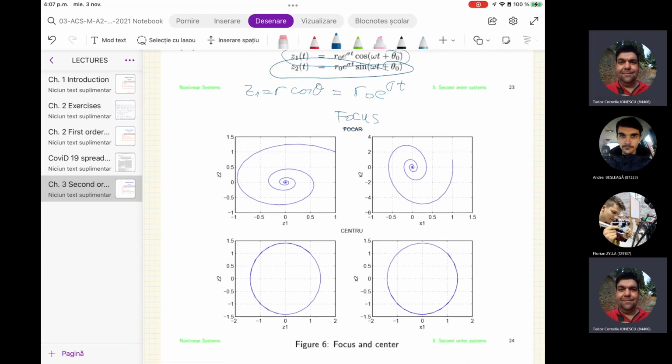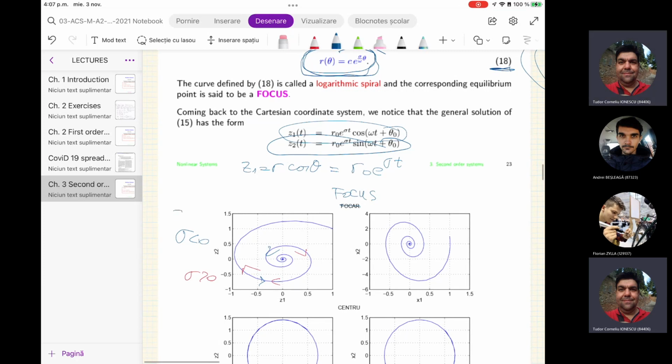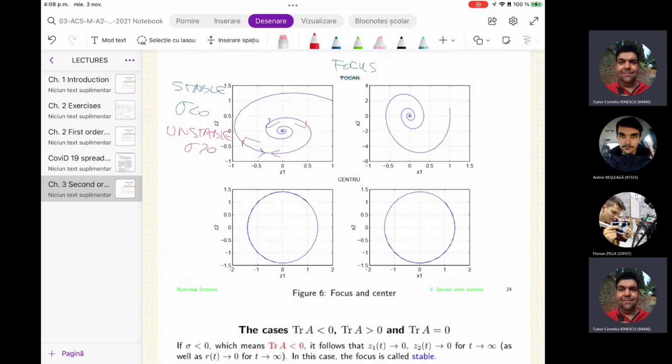So z1 and z2 are like this. Now, if sigma is negative, then the spiral goes like this. But if sigma is positive, it's the other way around. So stable and unstable focus. This is a stable focus, and this is an unstable focus. And then you also have this configuration when sigma is 0.